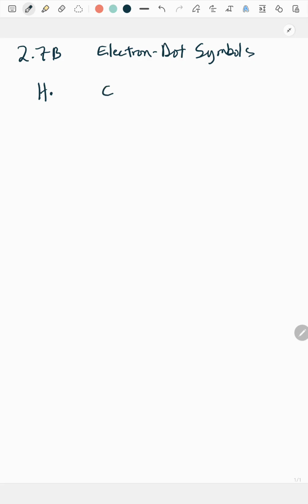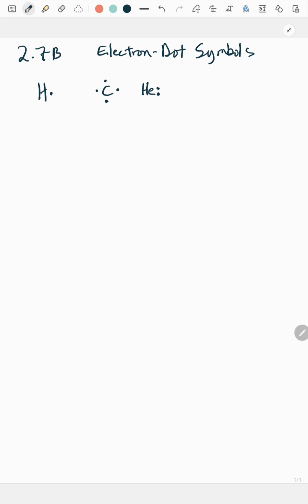Carbon with its 2s2 2p2 valence electrons, or 4 valence electrons, we can indicate with 4 dots. Helium with its 2 valence electrons, 1s2, we can indicate with 2 dots. And by the way, we pair dots if possible.